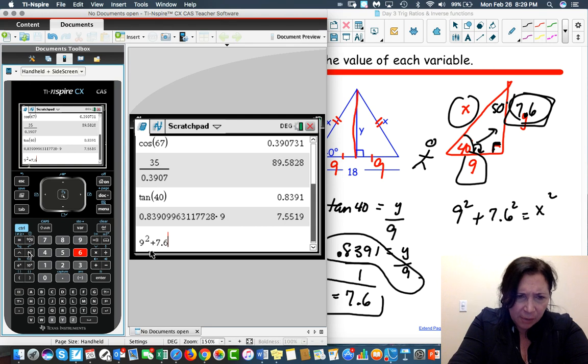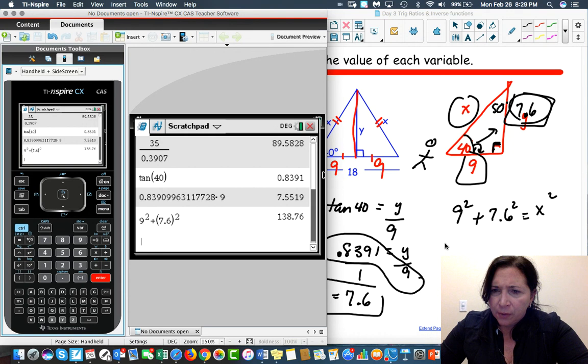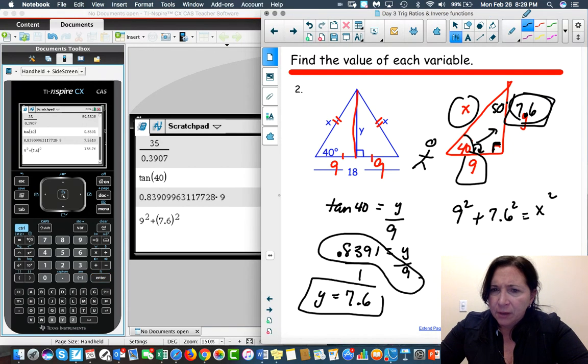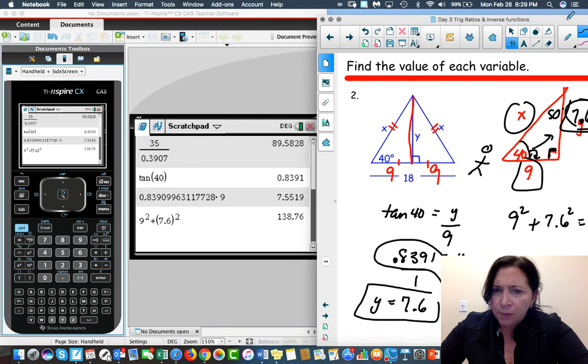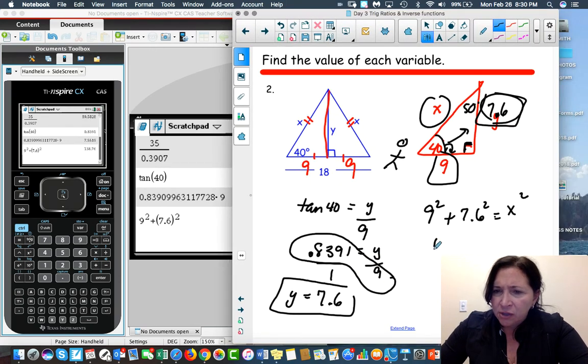I'm pushing this button over on the left-hand side that has the x squared on it. And that's equal to 138.76. So 138.76 is equal to x squared.